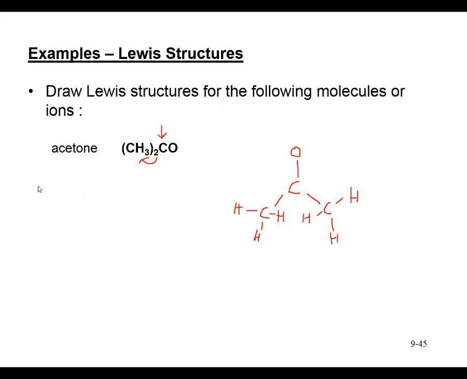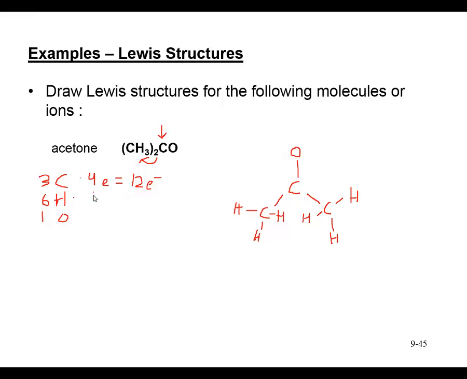Now if I go ahead and count my total number of valence electrons, well, there's a total here of 3 carbons, 6 hydrogens, and 1 oxygen. So there's 4 valence electrons for each one of my carbons. So I have a total here of 12 valence electrons for all the carbons.